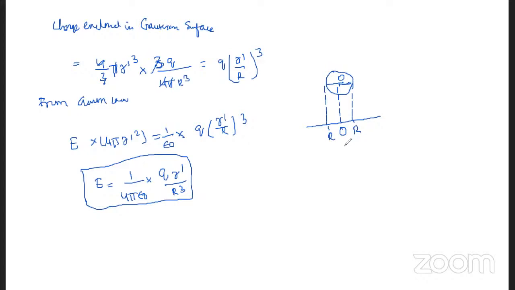If you see the distance outside of the sphere, in this direction, r is the distance. Generally the electric field at the center will be 0.